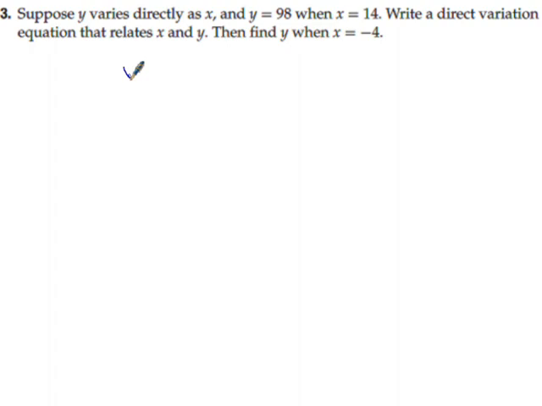Alright, let's do another example. Suppose y varies directly as x. Again, that's my basic direct variation equation, y equals kx. And y equals 98 when x equals 14. So again, I'm going to plug these in first to find k, because right now I don't know what k is. So y is 98, x is 14.